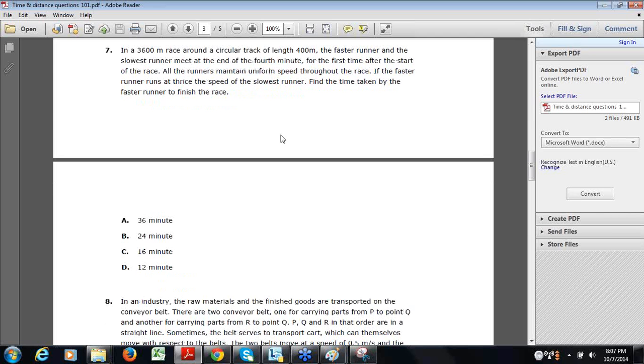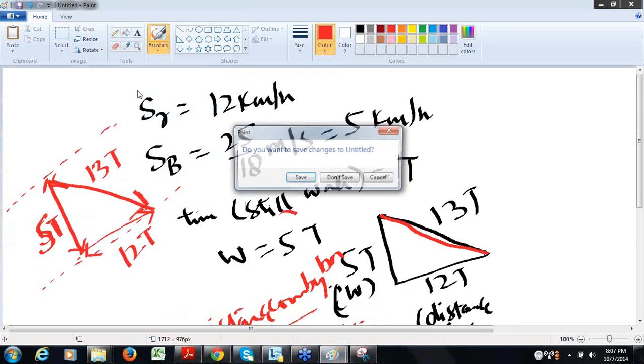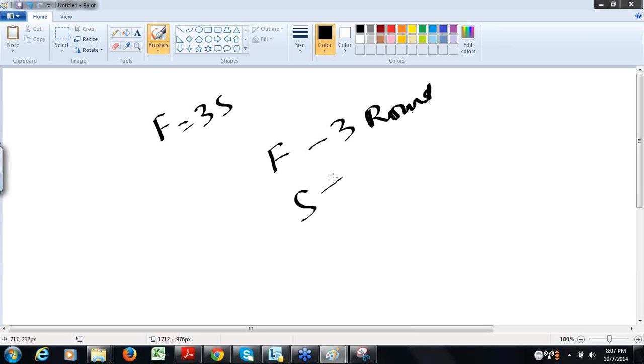The faster runner is thrice the speed of the slower runner. So when the faster runner completes 3 rounds, the slower runner would have completed 1 round, and that is their second meeting.